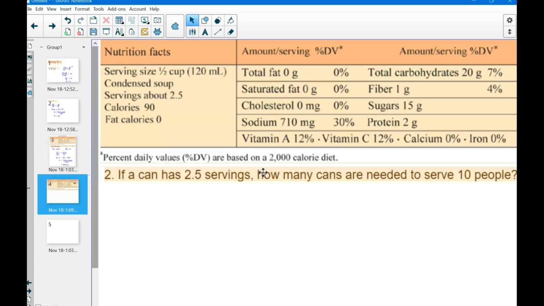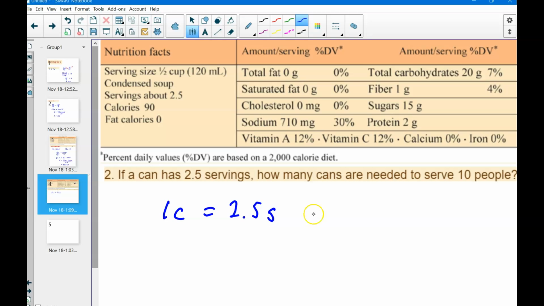So again, setting up our equivalence statement first: 1 can gives us 2.5 servings. We want 10 servings.